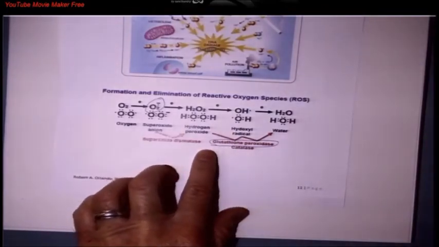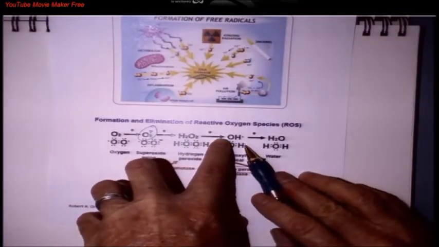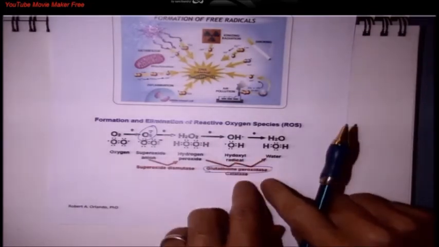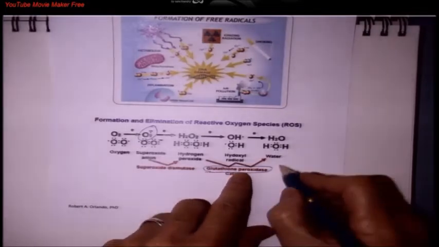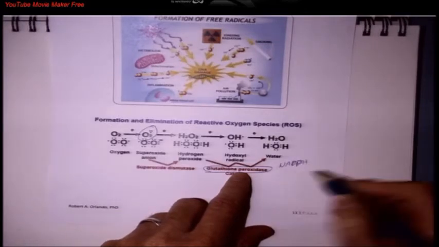The glutathione is primarily used for neutralizing these hydroxyl radicals, and we form that dimer of glutathione molecules. But remember, we have to resolve that dimer with glutathione reductase, and in that case, we use NADPH.